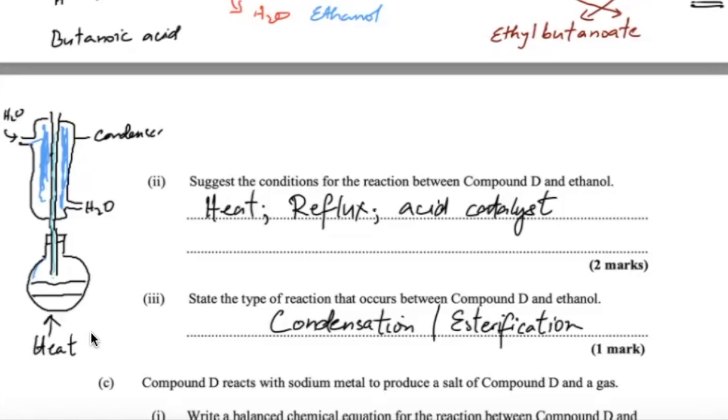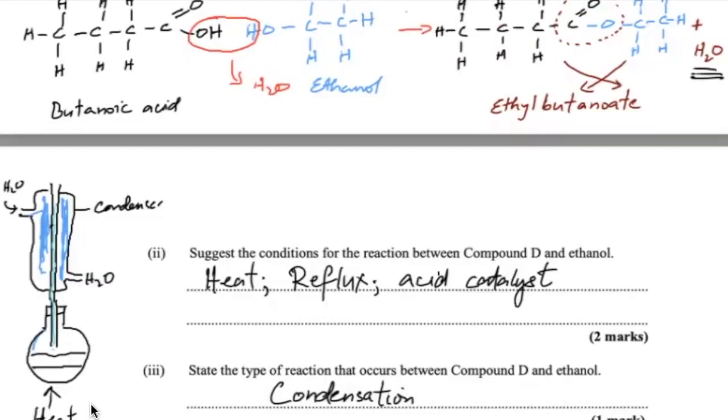So either of the two would work. I think condensation would be a better response because water is formed. So we'll go with a condensation reaction here, and we can show them what we mean by that. Water is formed.